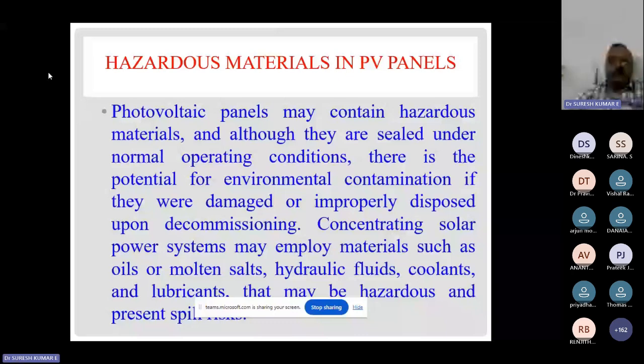Similarly, if they are damaged or improperly disposed of at the time of decommissioning, hazardous materials will come out. Concentrating solar power systems may employ materials such as oils, molten salts, hydraulic fluids, coolants, even lubricants. These are all hazardous.